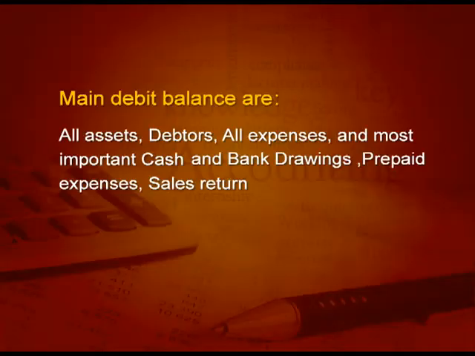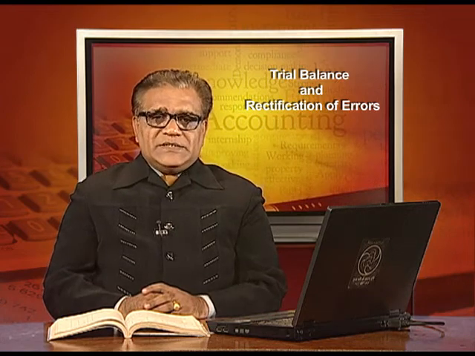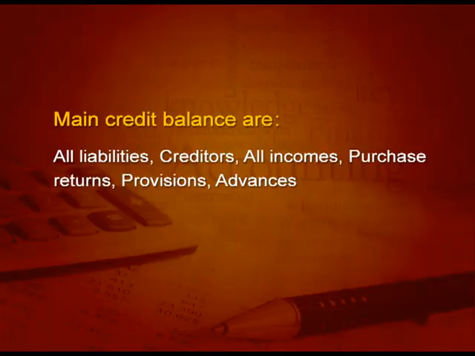Then drawings, it also has a debit balance. Prepaid expenses, that is the expenses paid in advance, sales return, etc. Similarly, the main credit balance are all the liabilities, creditors, incomes, purchase return, provisions, advances, etc.